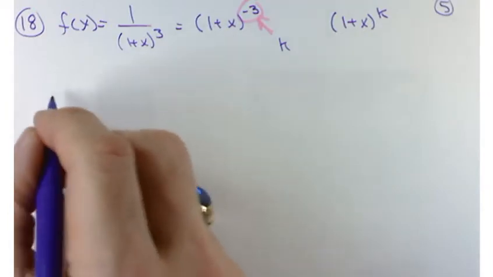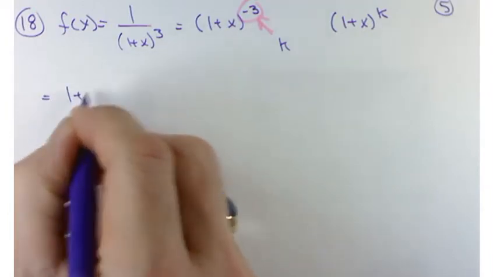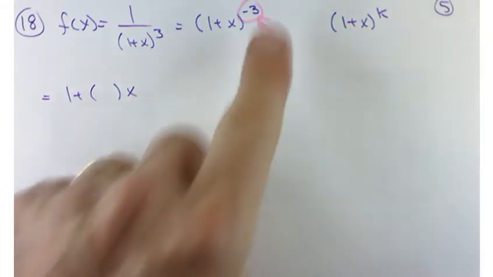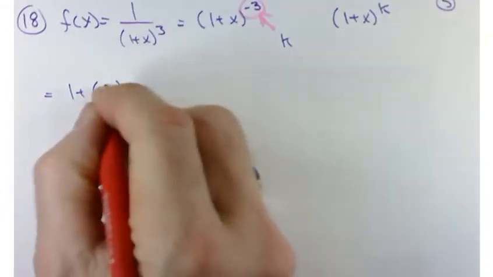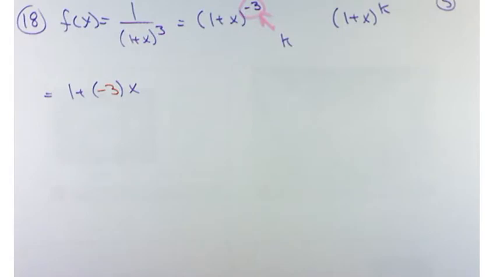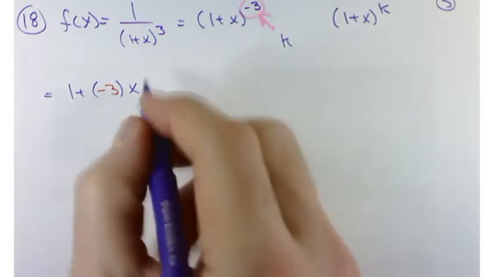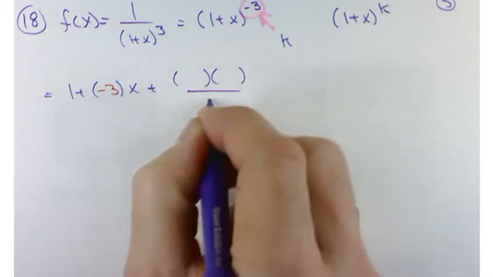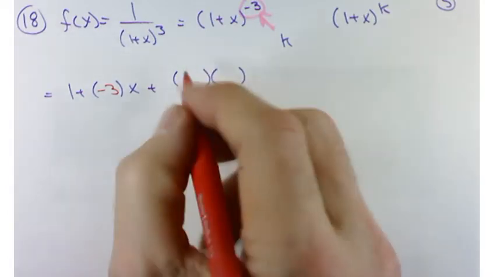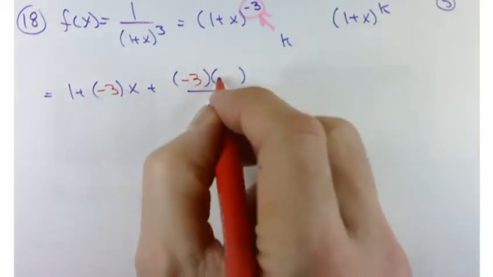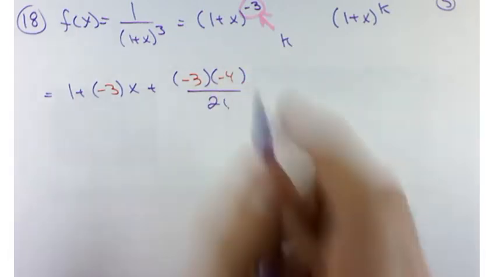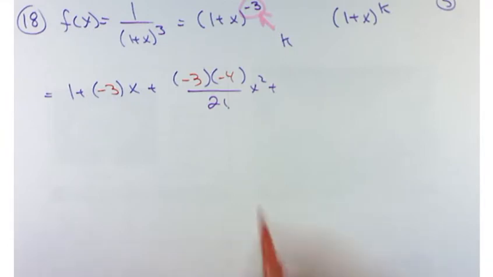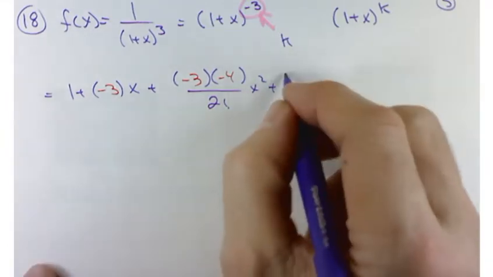So back over here, that's going to equal 1 plus -3 times x. So there's your -3 over 1 factorial, plus -3, and then when I subtract 1, I get -4, x squared. And the series continues.